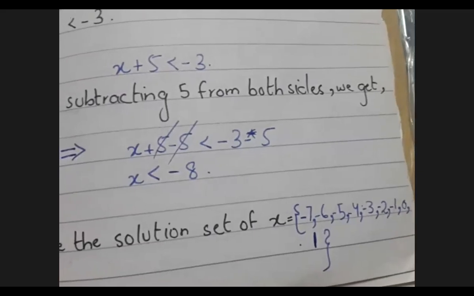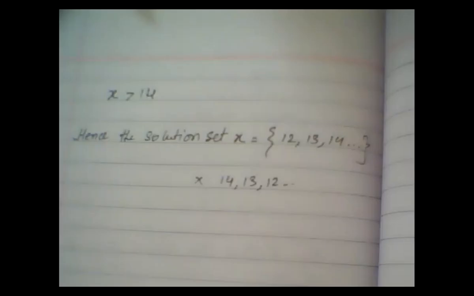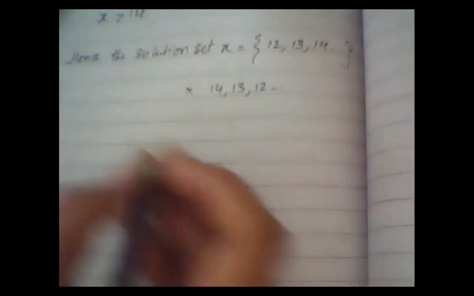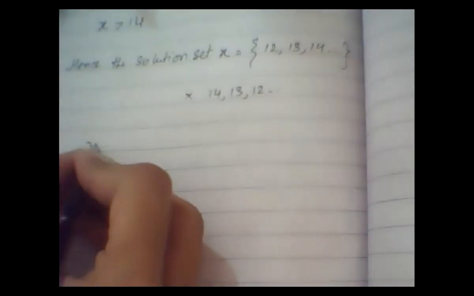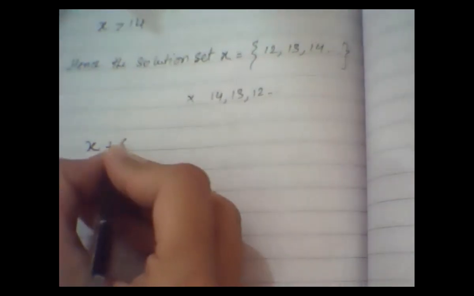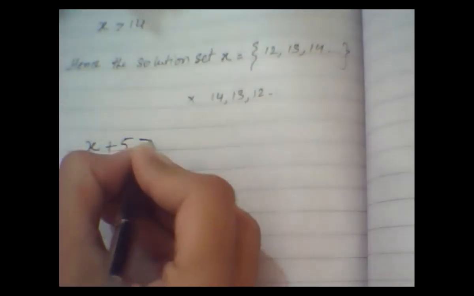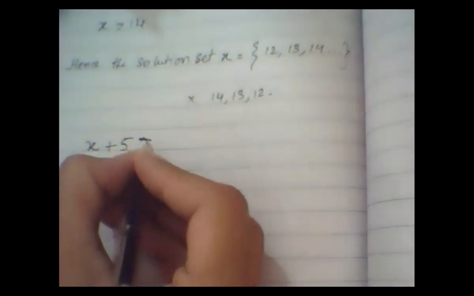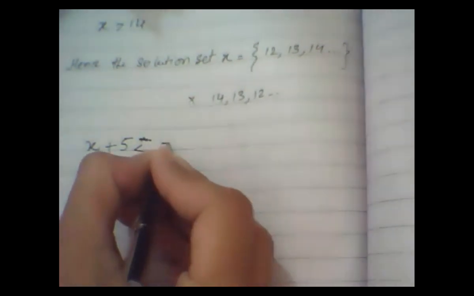Aisha, make correction quickly. Here, students, the question was x plus 5 is less than minus 3.